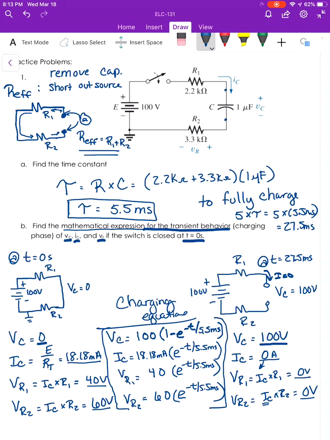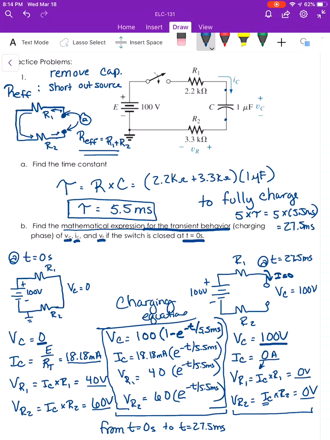And here are the equations. So basically what these are for is to find out the values from t equals 0 to t equals 27.5 milliseconds. Anything after 27.5 milliseconds would be these values.